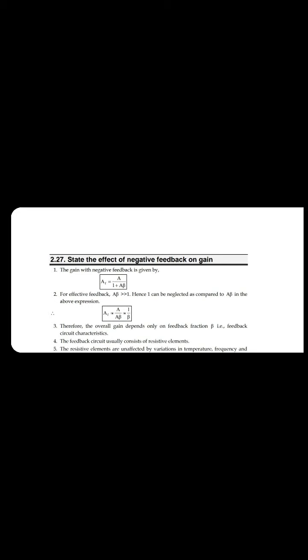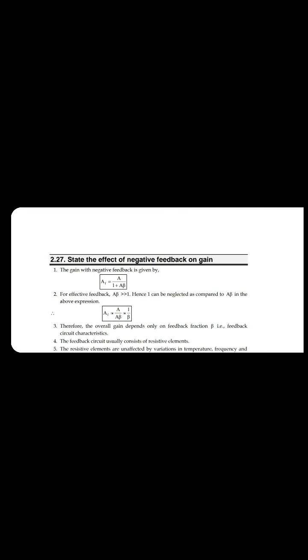This is the gain with negative feedback. Similarly for positive feedback, we get A divided by 1 minus A beta. That is the positive feedback gain.